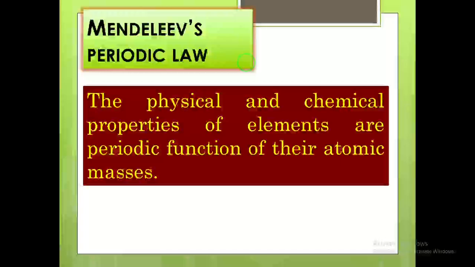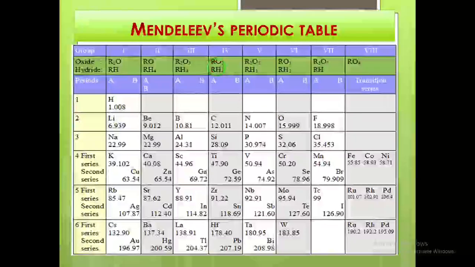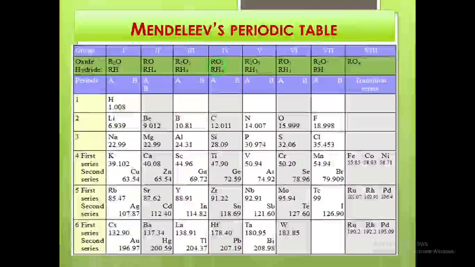This periodic law states that the physical and chemical properties of elements are a periodic function of their atomic masses. It enabled Mendeleev to develop the first periodic table, but this table didn't have provision for the actinide and lanthanide series, so there needed to be a bit of modification.